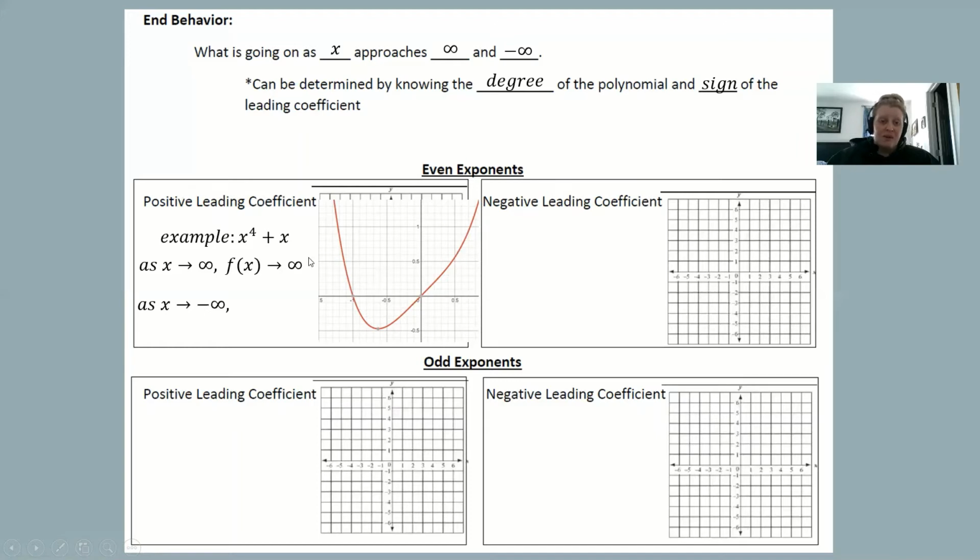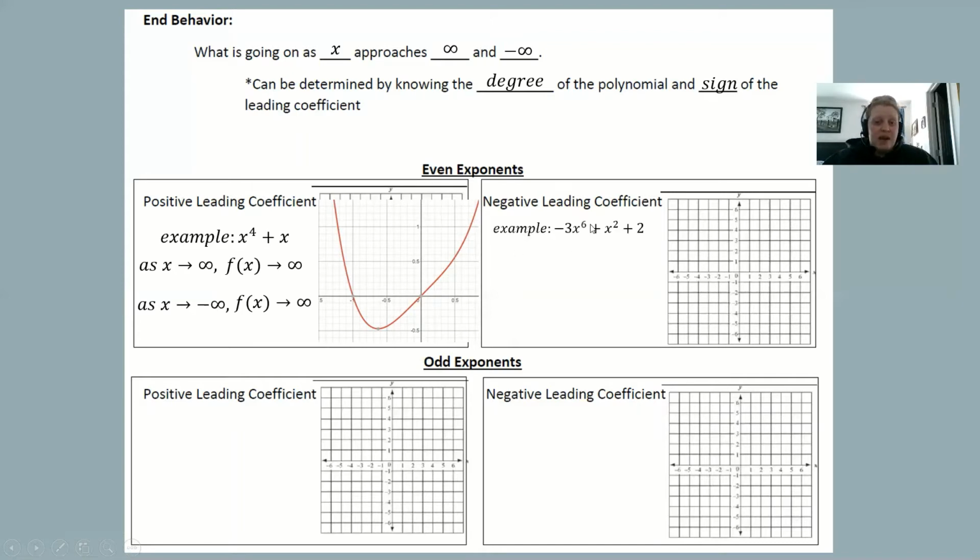If we look on the left side, it's still pointing upwards. So the y values still get bigger and bigger and bigger. So a really short way to think of that is ask yourself, on each end, is the arrow pointing up or down? So if I drew arrows on these, they both would be pointing up. So on the right side, it's pointing up. On the left side, it's pointing up. So therefore, that's why we have positive infinity for both.